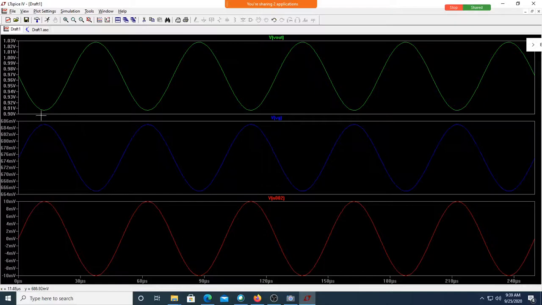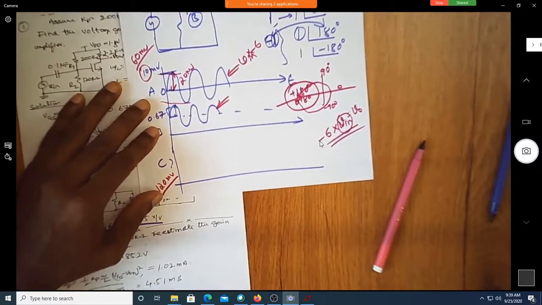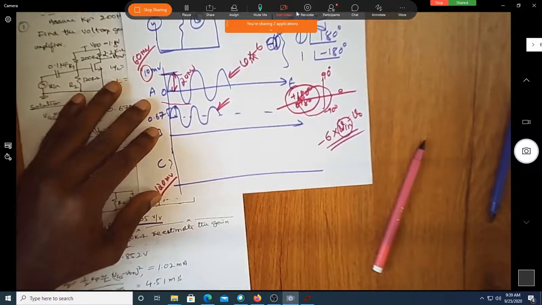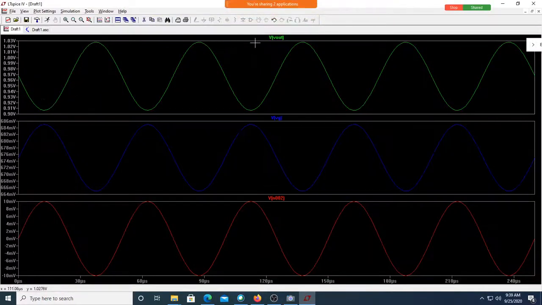As we expected, the output waveform is exactly opposite to that of your input. You can see input is rising, output is coming down. Can you see this is the one which is representing the negative sign? We had this negative sign, no? This negative sign is represented in the form of a phase shifted waveform.